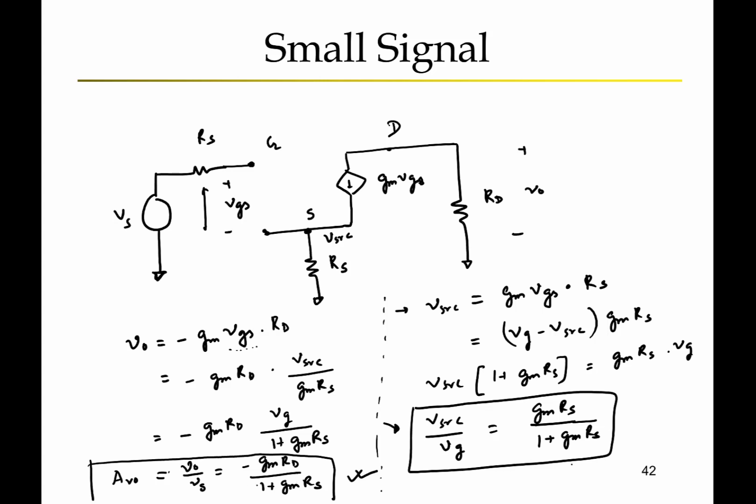So we can see that the common source gain, which was minus gm RD, is degenerated by a term 1 plus gm RS in the common source with source degeneration. If we try to find Rin, of course there is no current because of the open at the gate, so Rin is still infinity, and Rout is still equal to RD, which is V out by I out.